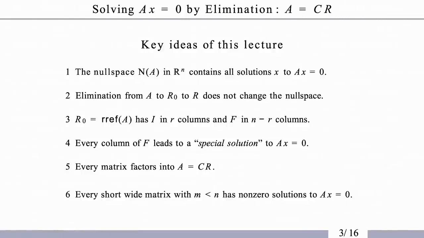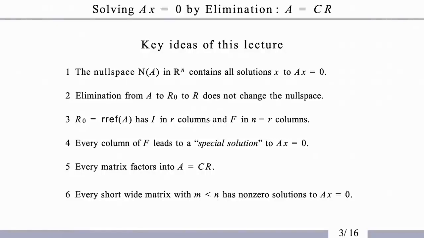So the null space, so now you see it in writing, the null space is all the solutions x to AX equals 0. Remember, x is a vector. And elimination is the key, and it keeps the same null space. And the MATLAB command is RREF of A. That's the command that does elimination. And we'll see the identity matrix.